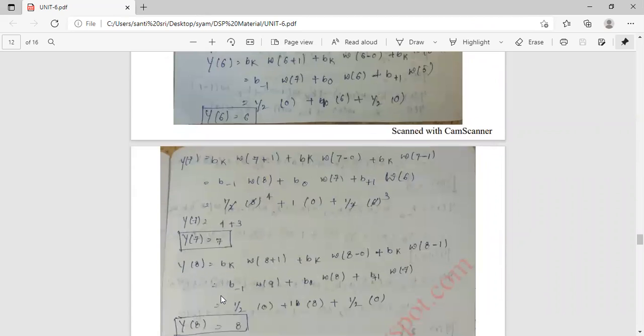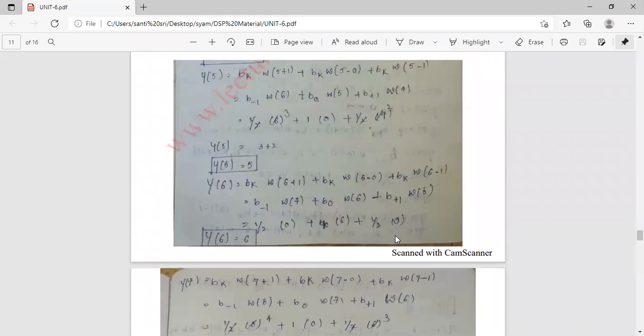Y of 8 values. Okay, 0 to y of 8. So that y of m will become 0, 1, 2, 3, 4, 5, 6, 7. It is clear? I will explain once again.